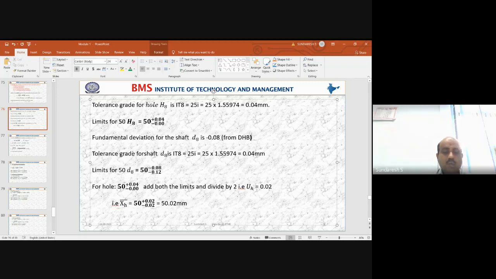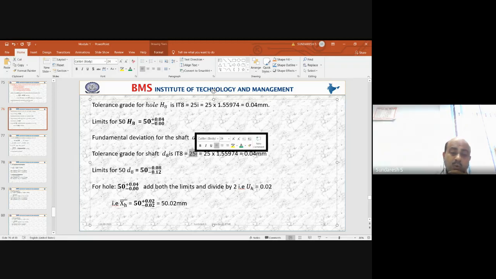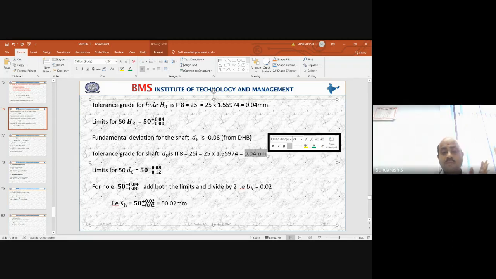Next, the tolerance grade for the shaft D8 is IT8, because the hole and the shaft are of the same grade. So we get IT8, which is 25I, and it remains the same, 0.04 millimeter.